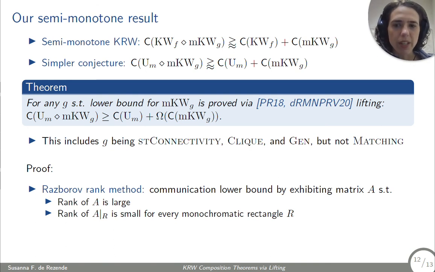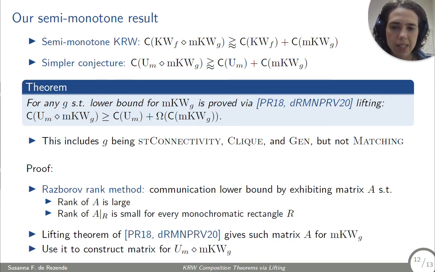And the second property is that if we consider the rank of A restricted to certain monochromatic rectangles, then this rank is small. These monochromatic rectangles are when we view G as a matrix. This lifting theorem gives such matrices for the monotone KW game on G for several G's.